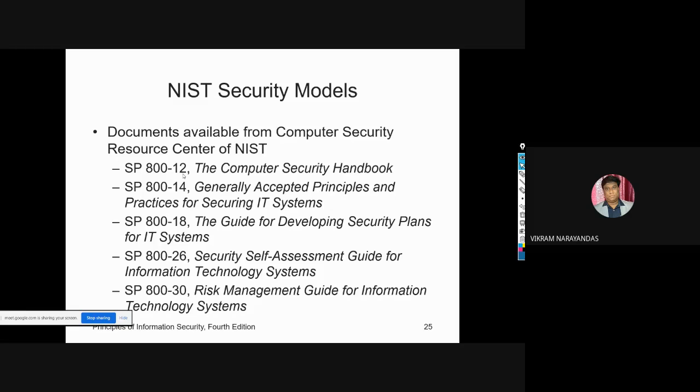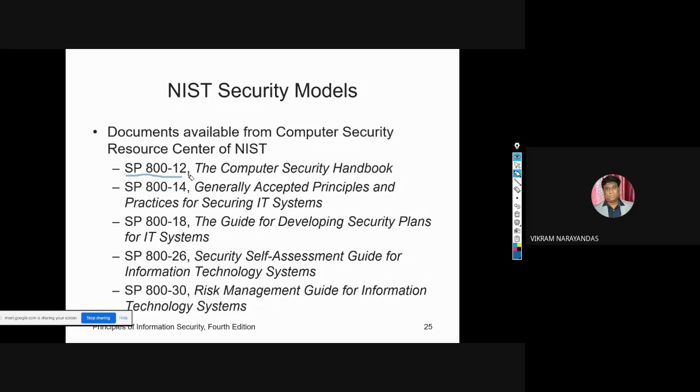The following documents can assist the design of a security framework here. One is Special Publication, SP stands for Special Publication, 800-12.